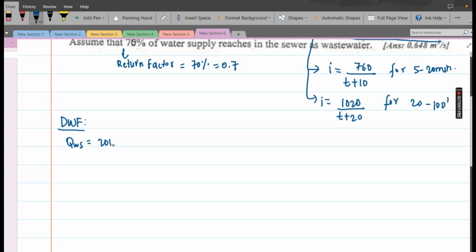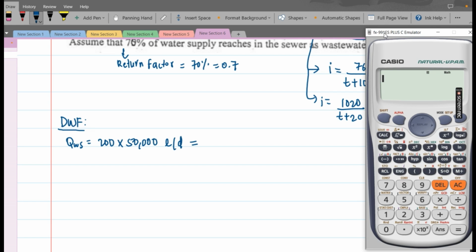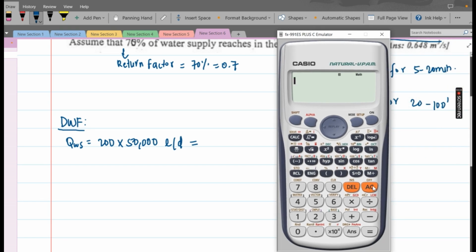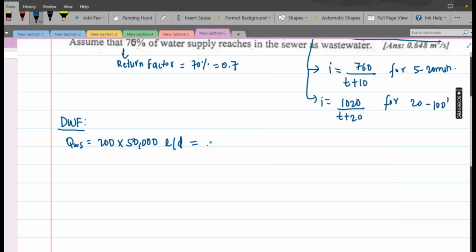So 200 into 50,000 will be 10 to the power 7 liters per day.